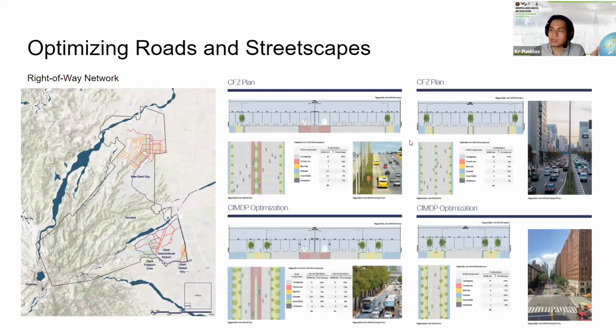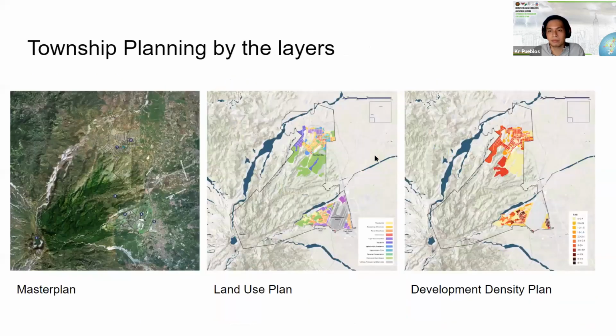We looked at different transport networks, public transport networks, and land uses, and where these highways intersect the land uses, and how many people would be walking. And so what we did was we optimized the right of way networks from looking at the land use plans and the development density plans.